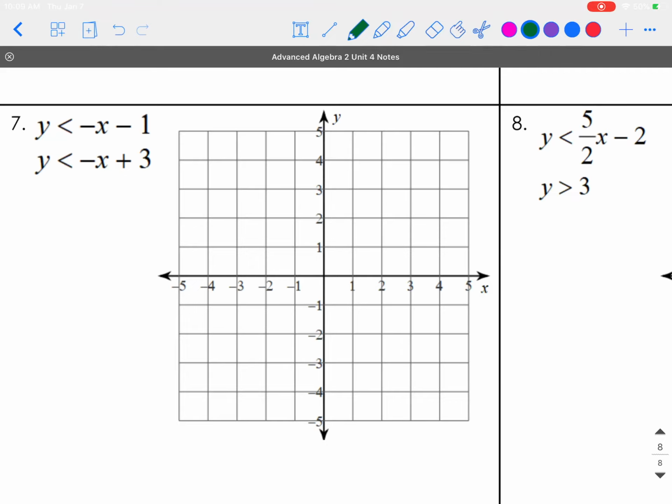It could mean they have no solution, but it depends on the direction of the shading. So let's graph these. We have -1 and a slope of -1, and it's a dashed line. And we're shading below.